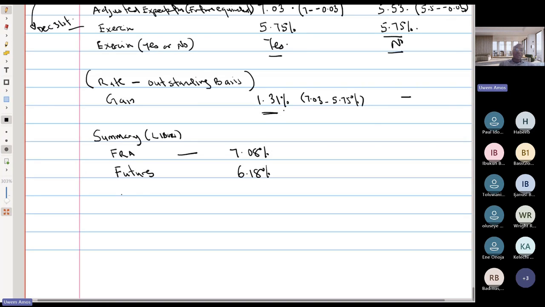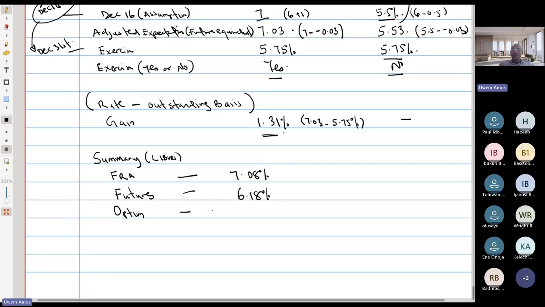And if you had gone for options, based on the approach we adopted, you would have the right to borrow at 5.75%. So if Mr. Bigheart were to pick one out of these three to hedge, which one are we going to recommend? Clearly the lowest one, because we want a lower interest rate as a borrower.